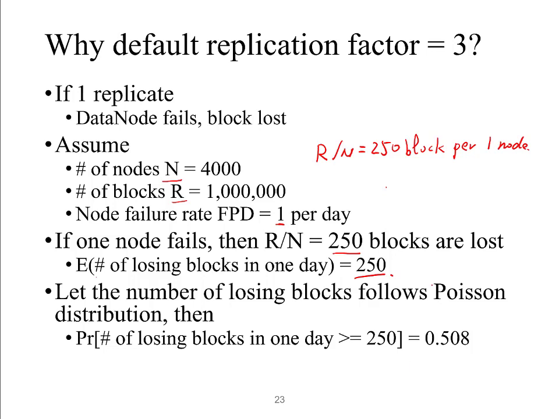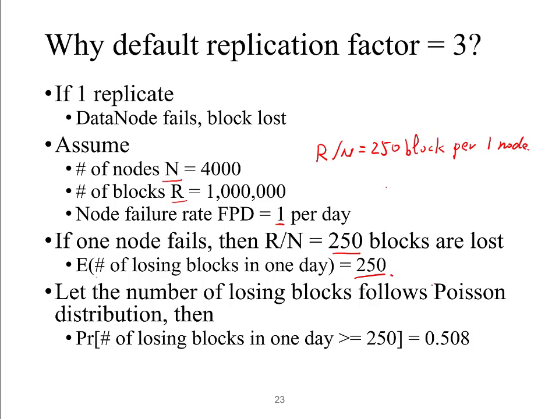If you are not familiar with the Poisson distribution, it is a discrete probability distribution that expresses the probability of a given number of events occurring in a fixed interval of time if these events occur with a known constant mean rate and independently of the time since the last event.